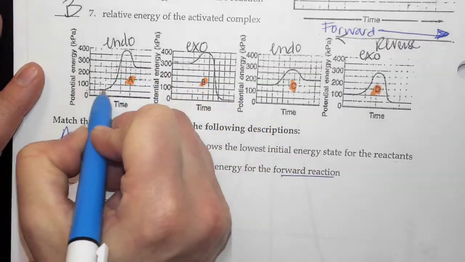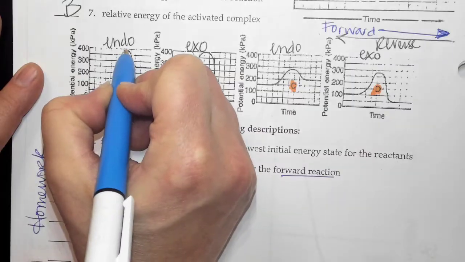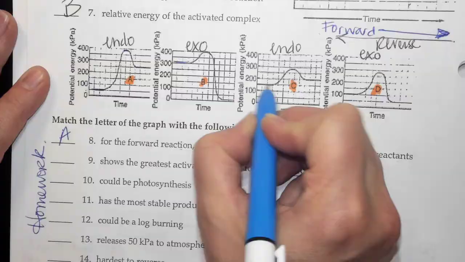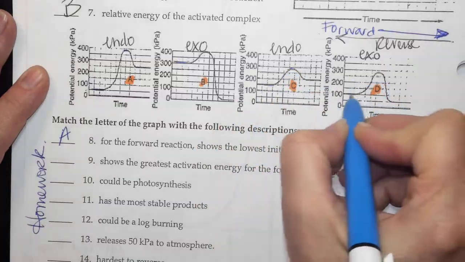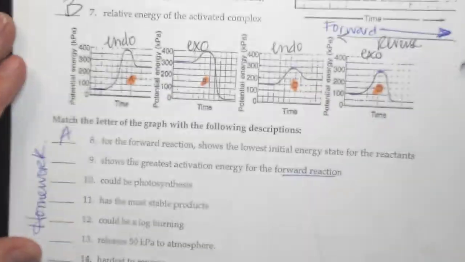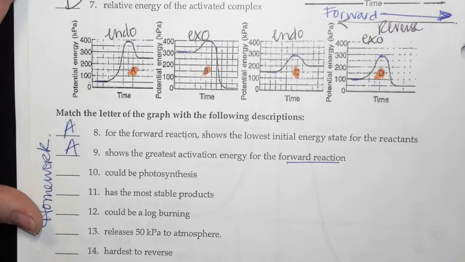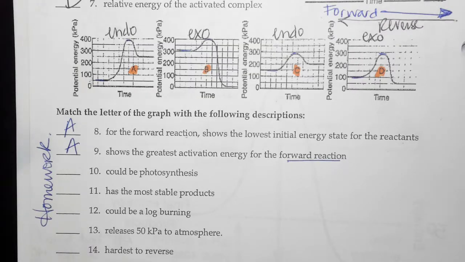Activation energy is the difference between the reactants and the activated complex. Reactants, activated complex, reactants, activated complex, reactants, activated complex. Which one shows the greatest jump? A does. All right. And I'm feeling slightly uncomfortable because A was used twice, but I'm trusting myself because it appears to be the correct answer.